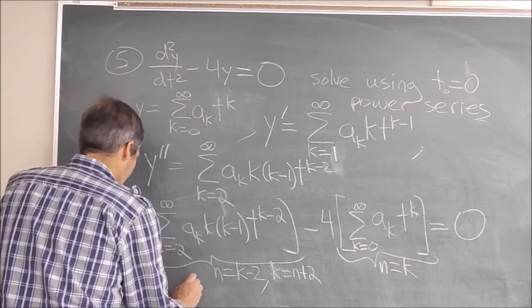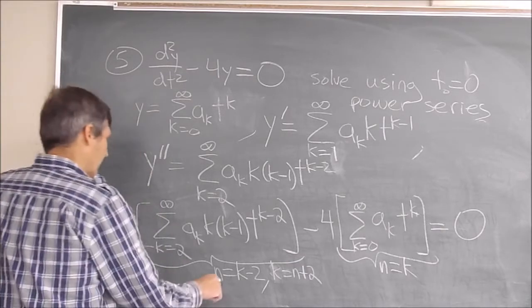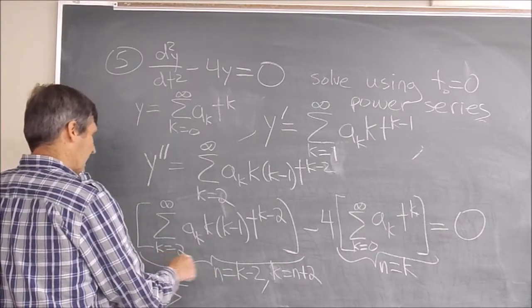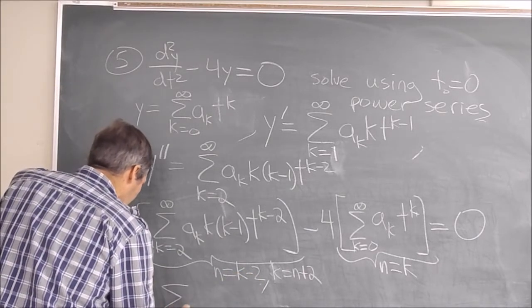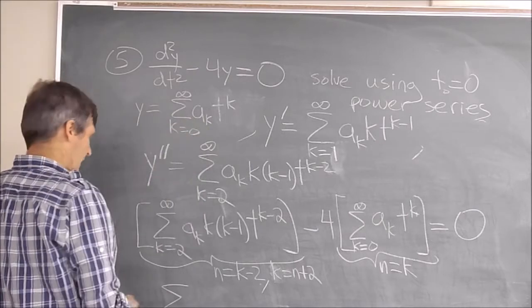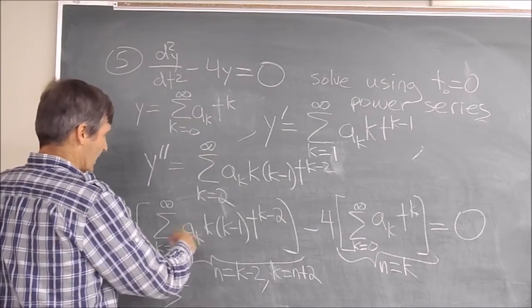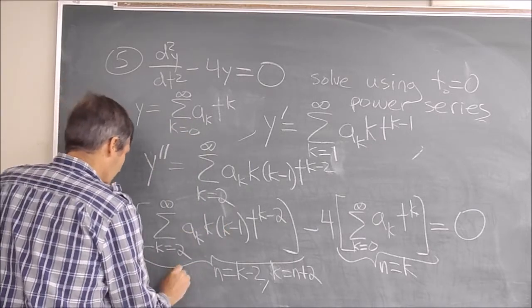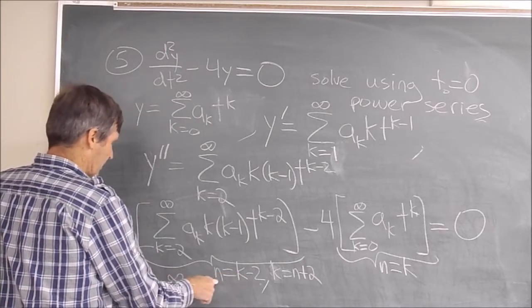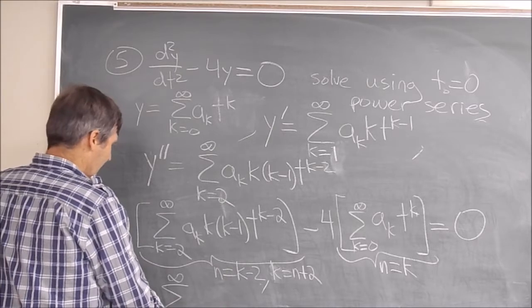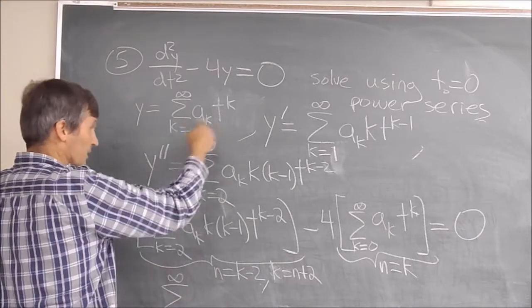Now when I do this, n is equal to k minus 2, so when k equals 2, n is equal to 0. So this now starts at n equals 0. Then I will make the same sum as I had here. I'll just replace the dummy index k with the new dummy index n, and n goes from 0 to infinity, sums over the same things.